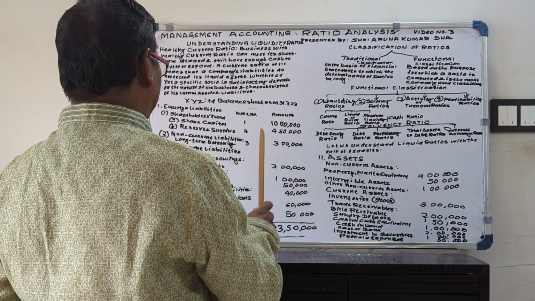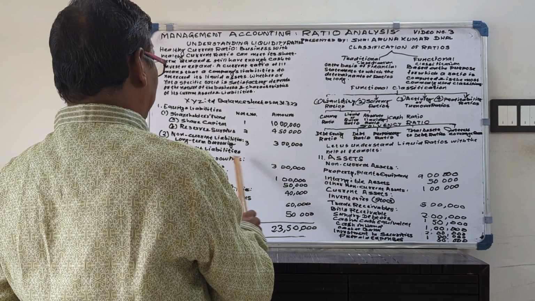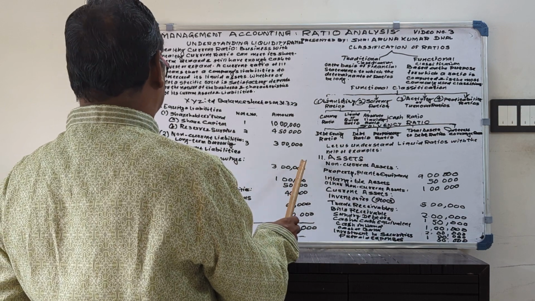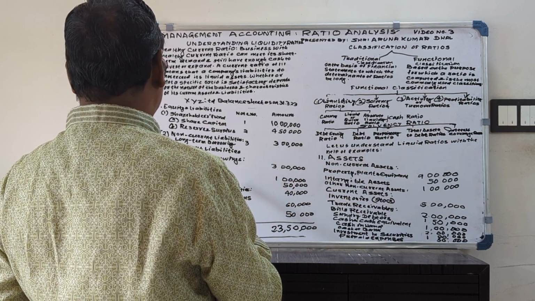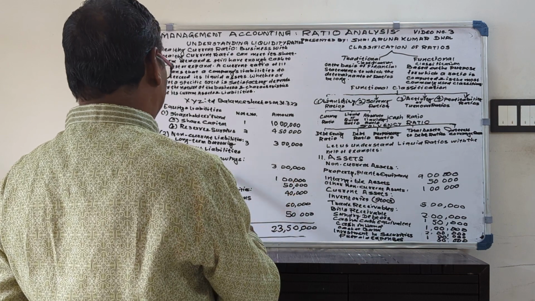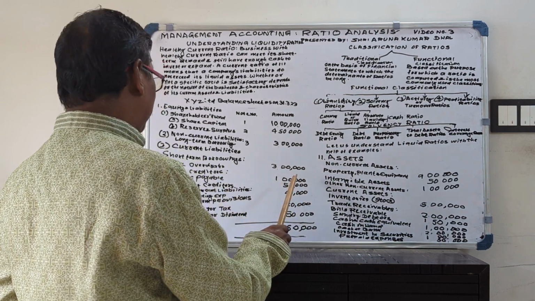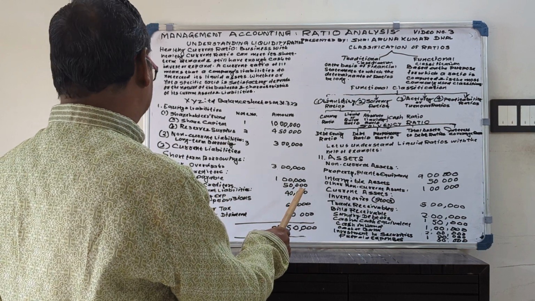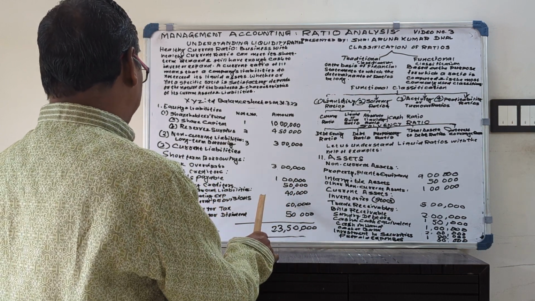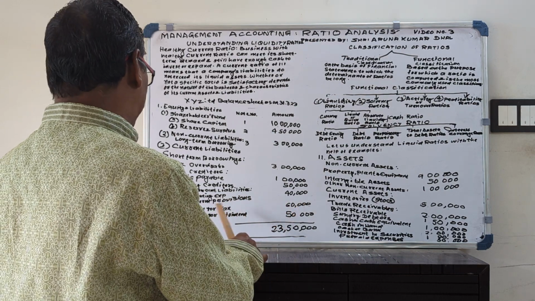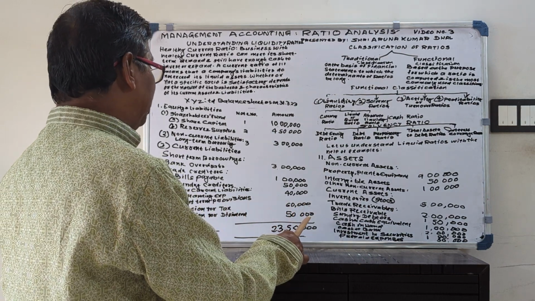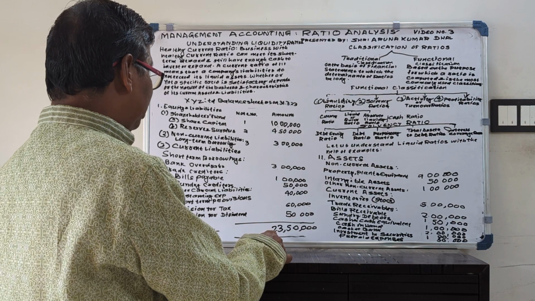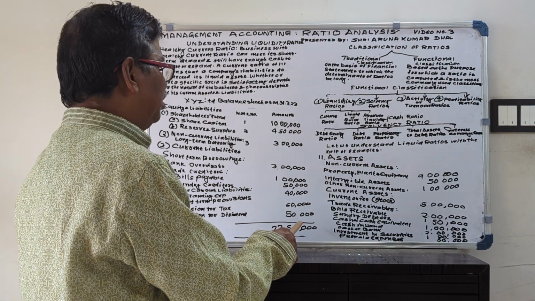Then current liabilities: short-term borrowing, that is bank overdraft 3 lakhs. Under trade creditors, bills payable 1 lakh, sundry creditors 50,000. Other current liabilities, outstanding expenses 40,000. Short-term provision for tax is 60,000. Provision for dividend is 50,000. The total of the liability side is 23 lakh 50,000.